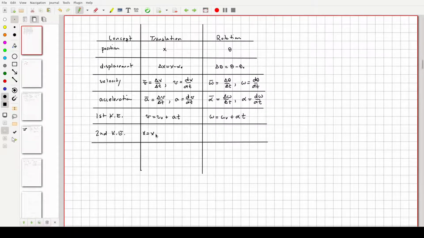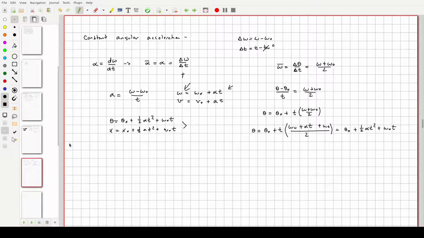For translation, x is equal to x naught plus 1 half a t squared plus v naught t. For rotation, theta is equal to theta naught plus 1 half alpha times t squared plus omega naught times t. Looks the same. It's the same thing. It's just now you're dealing with rotational stuff as opposed to translational stuff.